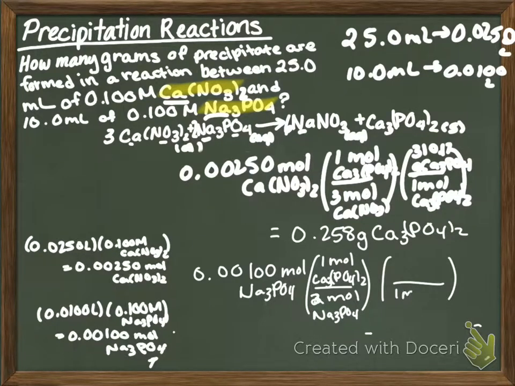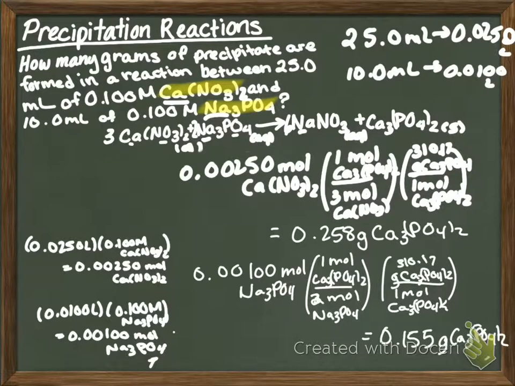Same thing on the bottom, 1 mole of Ca3(PO4)2. And on top, I'm going to have 310.17 grams of Ca3(PO4)2. And whenever I do the math for that, I should be able to get my answer, which is 0.155. Once again, that's my second possible answer.